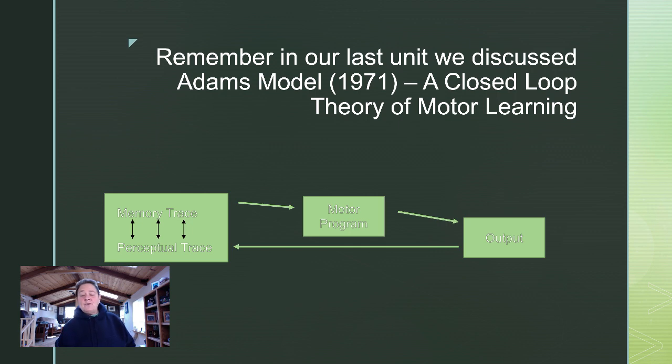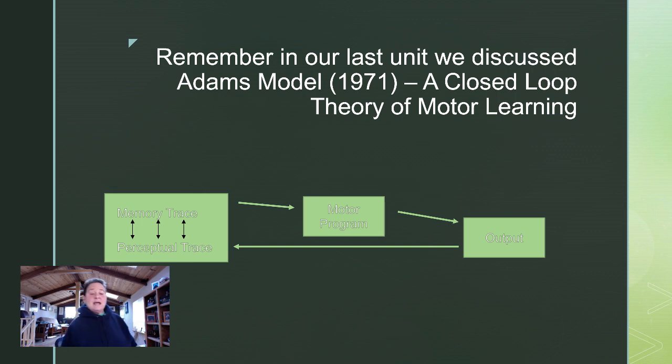And when we move, we get proprioceptive feedback, and thus becomes the perceptual trace. And notice that I've put these up and down arrows in our model because it is the comparison of the memory trace to the perceptual trace that allows us to detect errors.